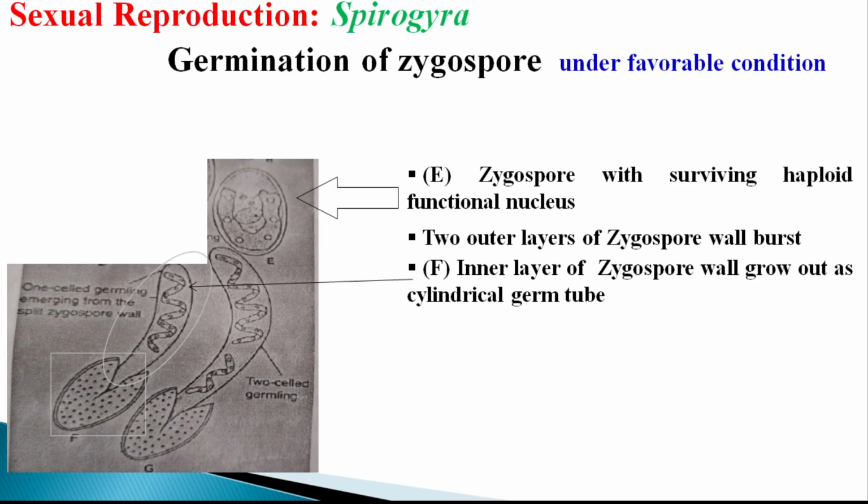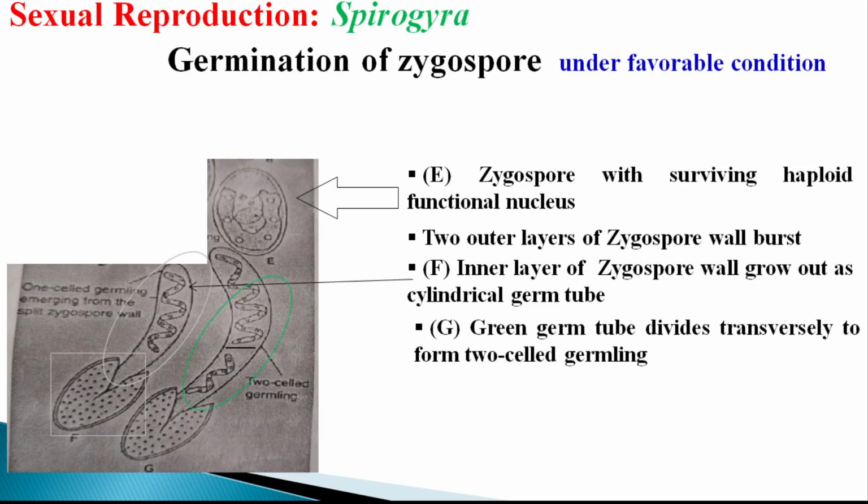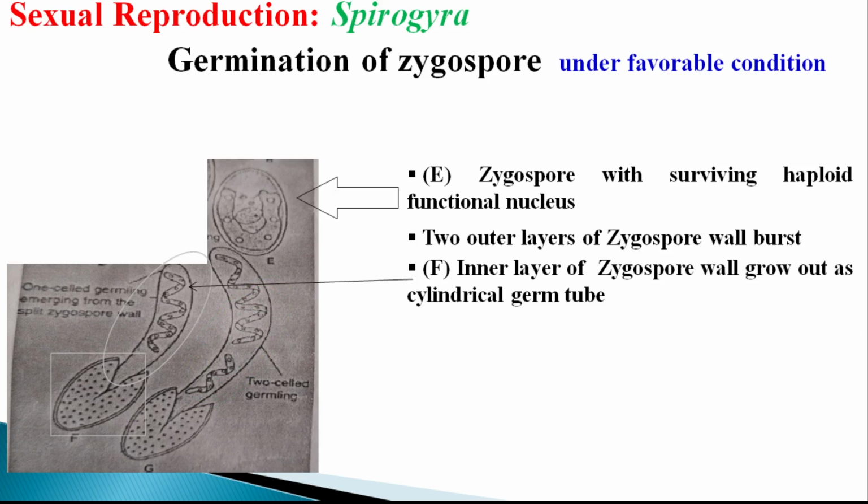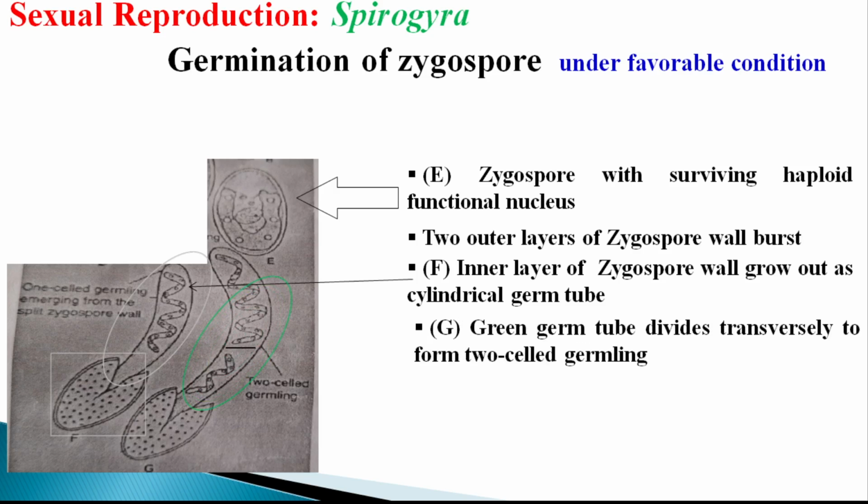Let's move a little bit ahead now. The green germ tube starts to divide transversely. As you can see here, this green tube divides transversely and produces two cells, or germlings. You can see that a two-cell germling is produced, as shown in diagram G. The lowermost cell of this germling is colorless, or has a little green coloration, and it has a rhizoidal character; basically it has an attachment property.